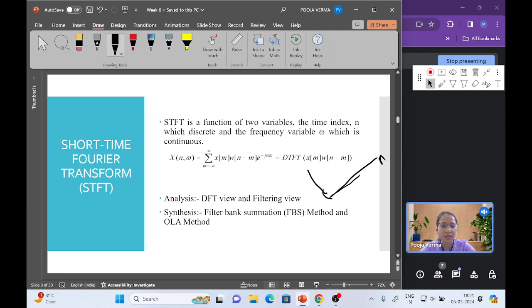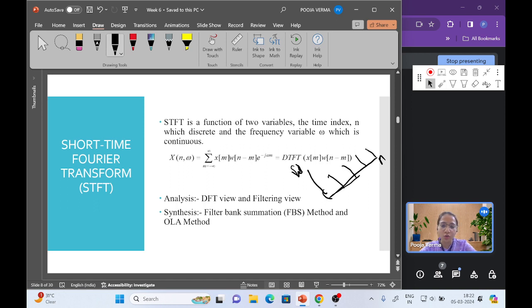So we analyze at every instant. It is represented by X(n, omega), equal to the summation over m from minus infinity to infinity of x of m w of n minus m e to the power minus j omega m, or the DTFT of x of m w of n minus m.